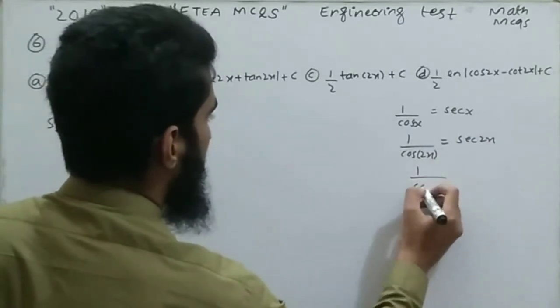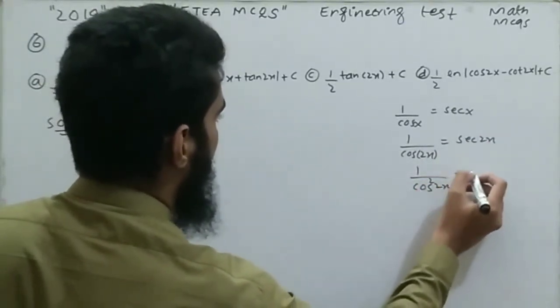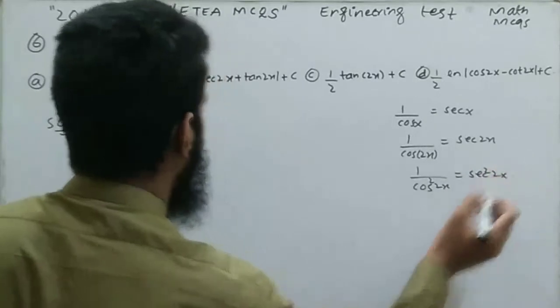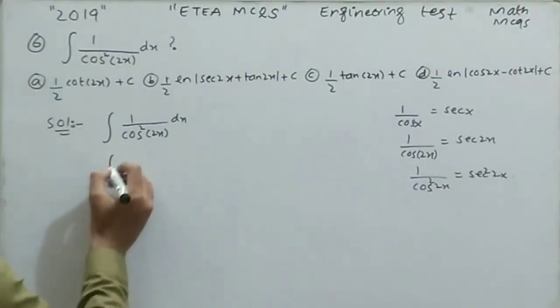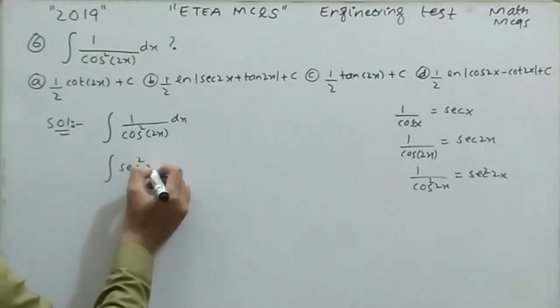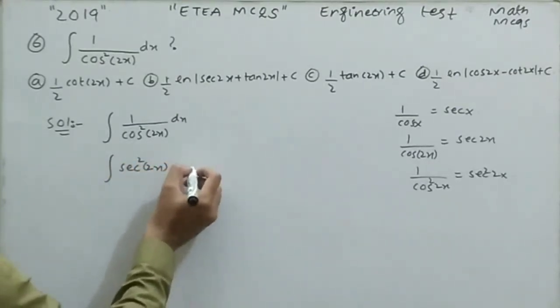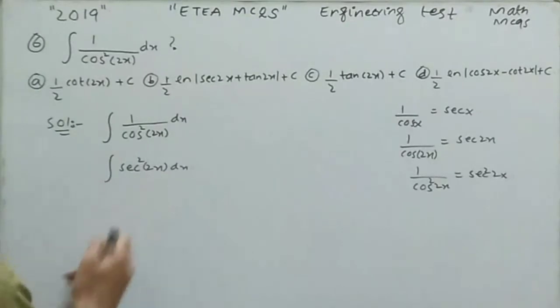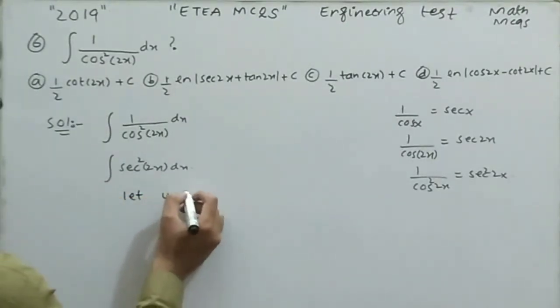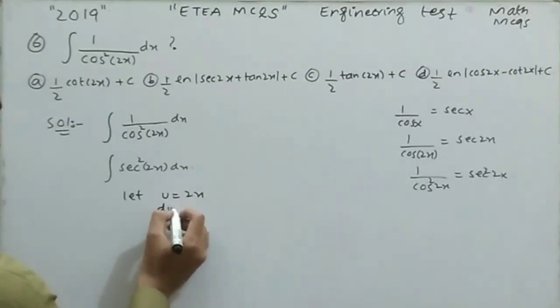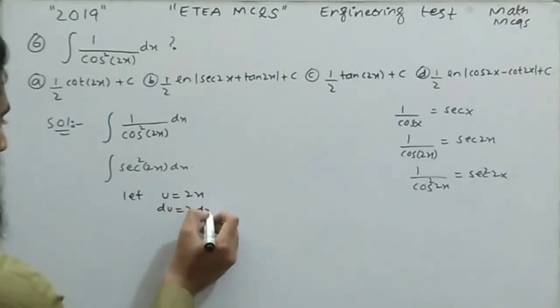Take square on both sides. So 1 over cos square 2x will be secant square 2x. So 1 over cos square 2x is actually equal to secant square 2x. So it becomes integral of secant square 2x dx. Now let's suppose I solve this by the method of substitution. Let's suppose u is equal to 2x, take the derivative with respect to x, so it becomes du is equal to 2dx.